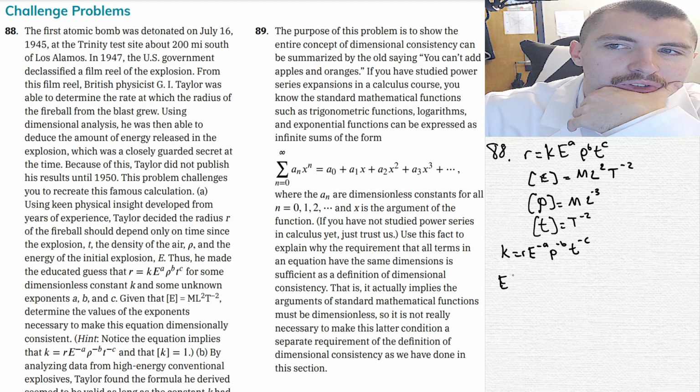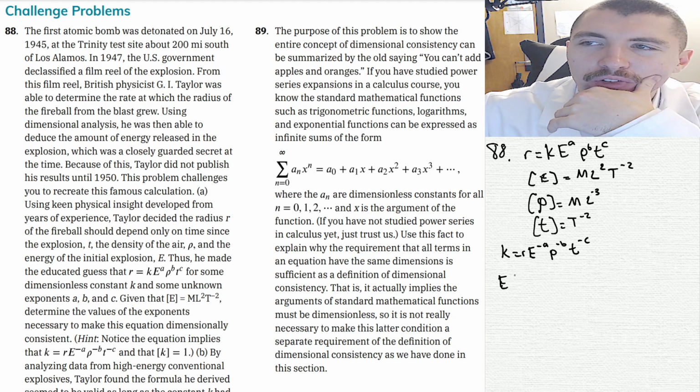So it's E to the power of something that gets you all of these 0.